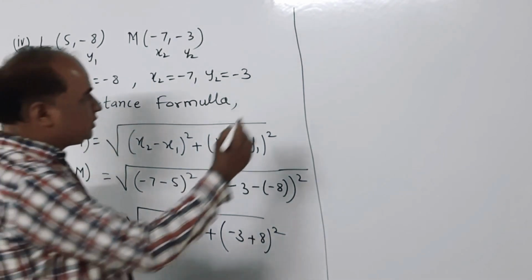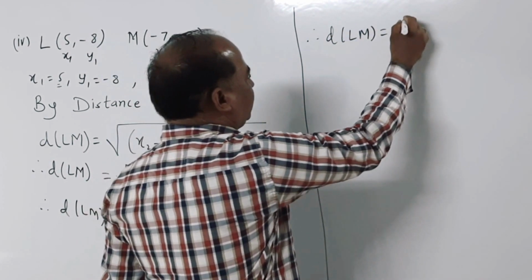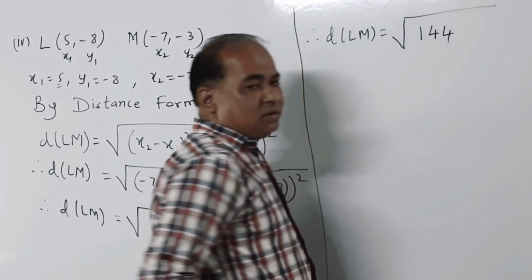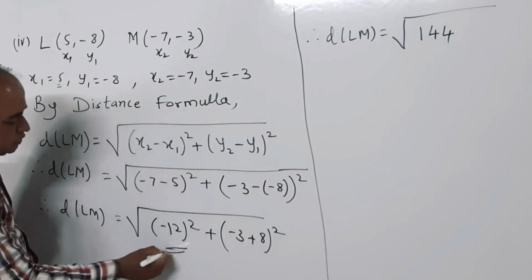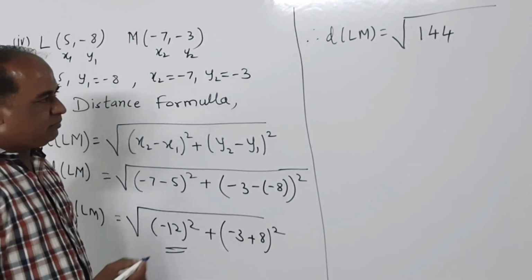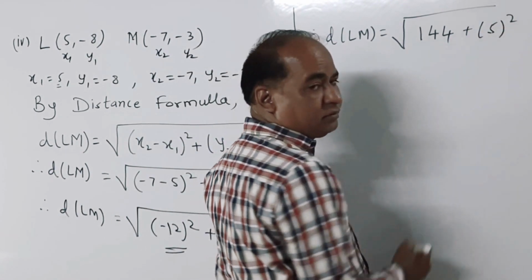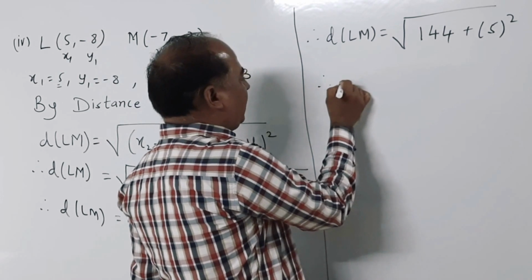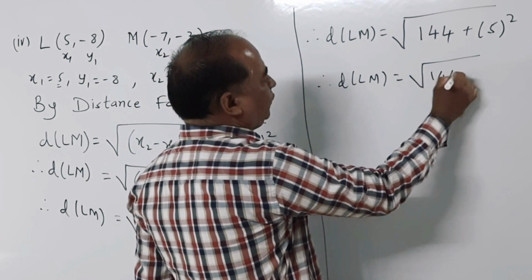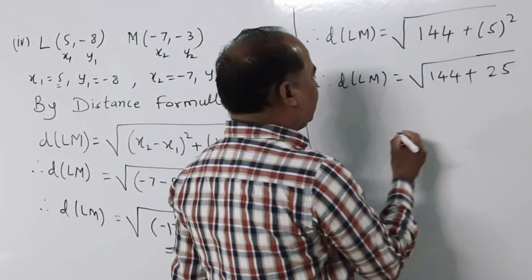So distance LM is equal to square root of 12 square, that is 144, plus 5 square, that is 25.